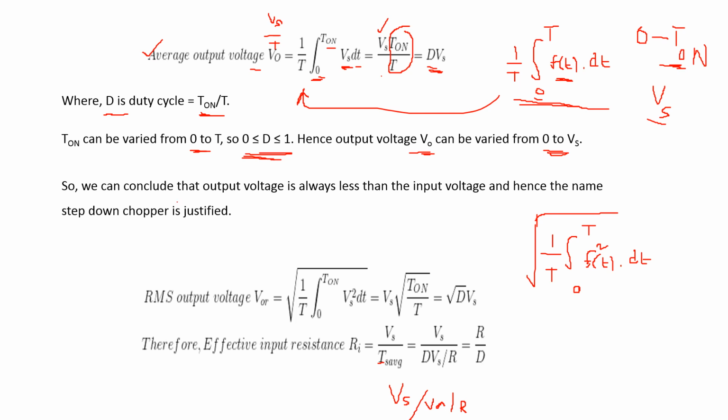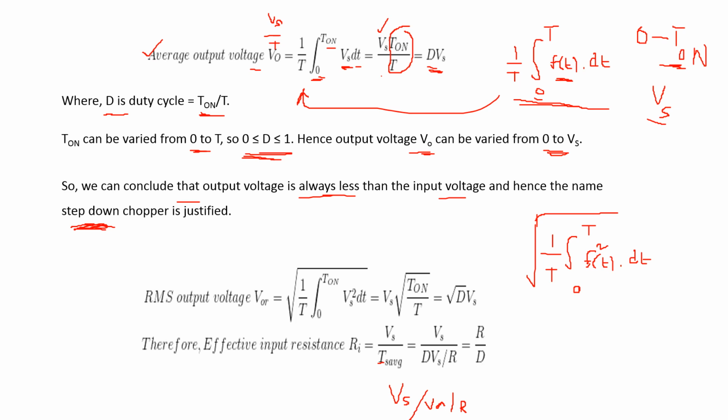So we can conclude that output voltage is always less than the input voltage. So we can justify the step down chopper conclusion.